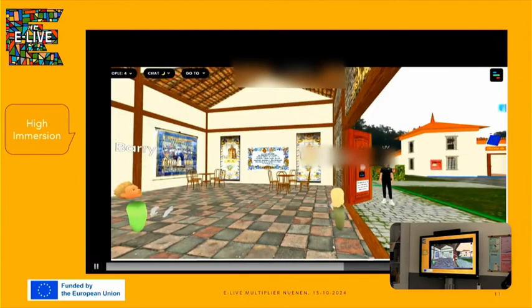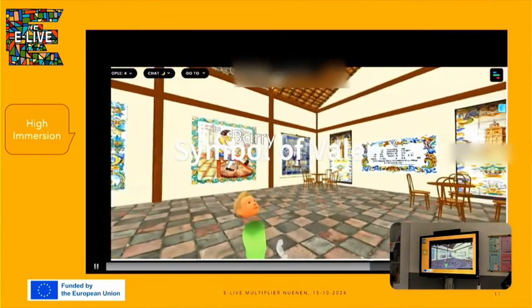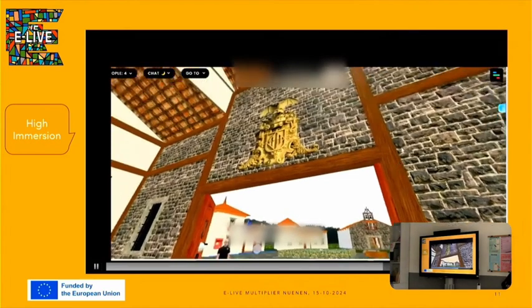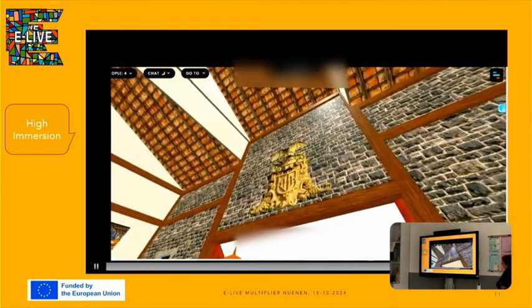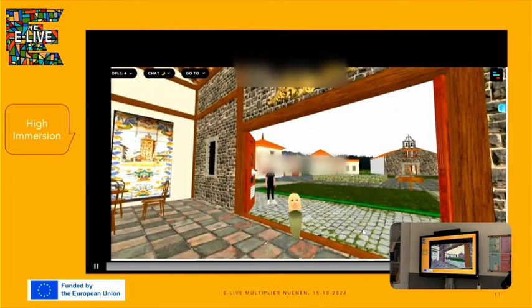Like if you get a bit back, you can see the symbol of Valencia on top of the building. Where? On the church or? No, go behind you a little bit. Step backwards.